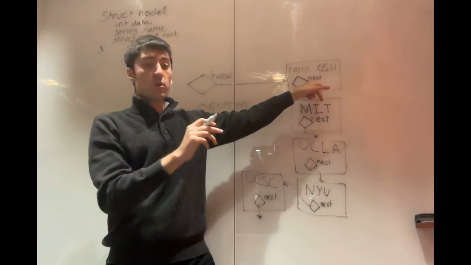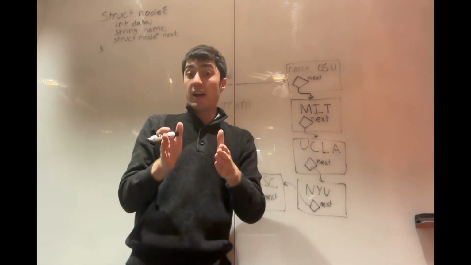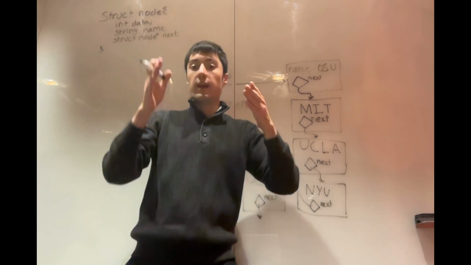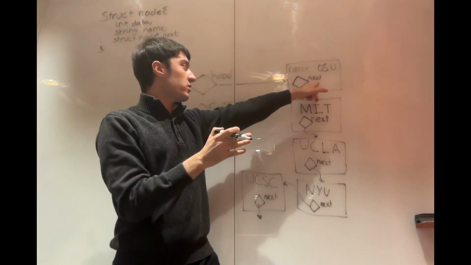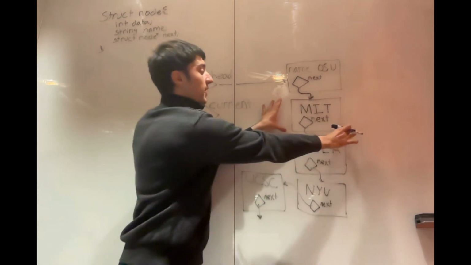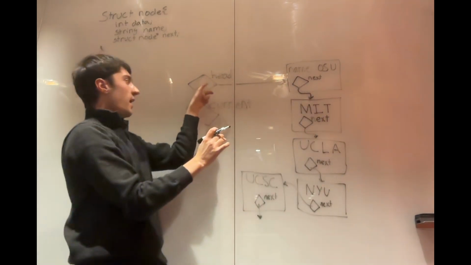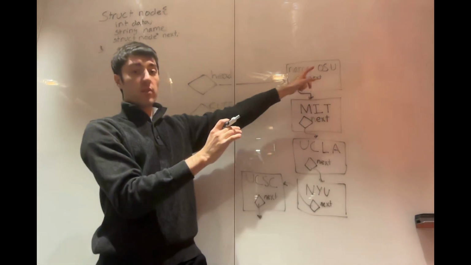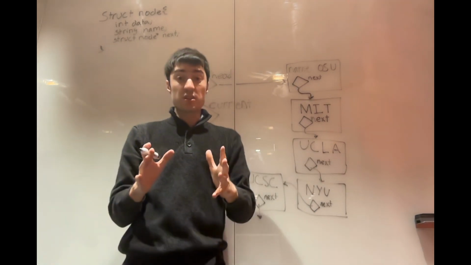It is a struct node pointer, which means that it points to, or stores the address of, what? A struct node. So struct node pointer next stores the address. So it points to, what is this? It is a node. Okay? And then head is always pointing to the first element in your linked list. So that was the second video.